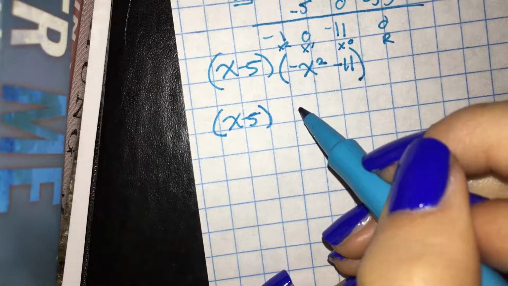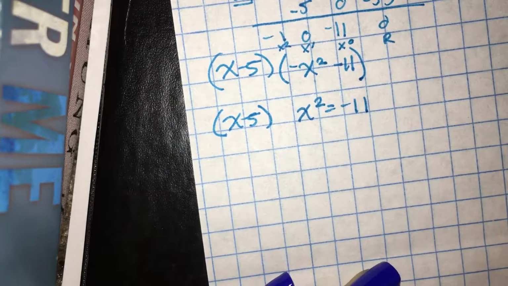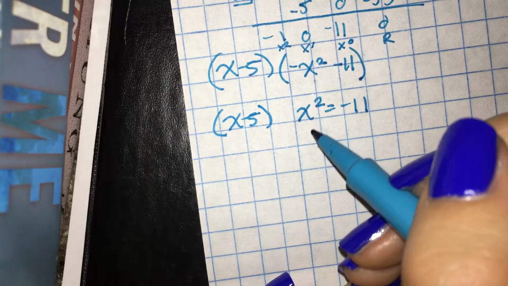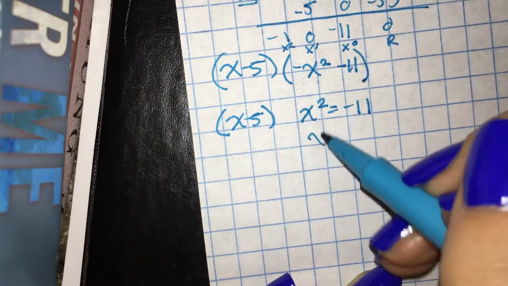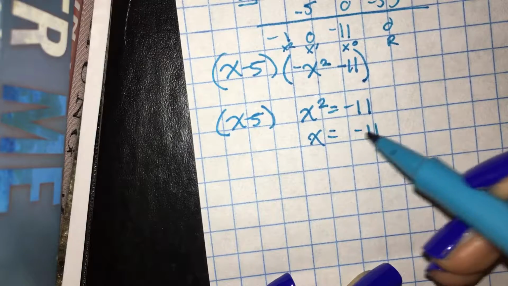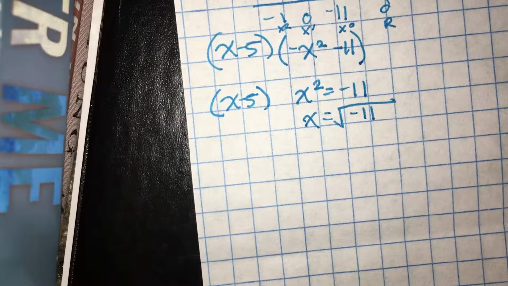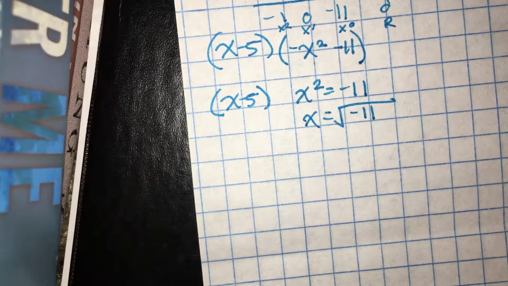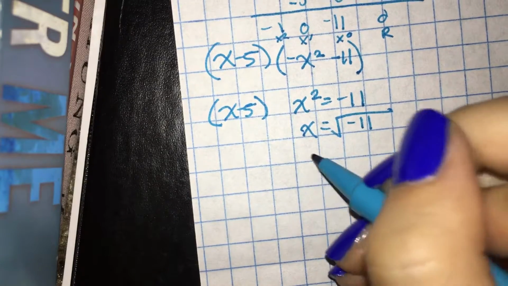And so you add 11 to both sides, and then you find the square root of 11, finding the square root. And you can't have a negative under the radical, so you will turn it into an i.